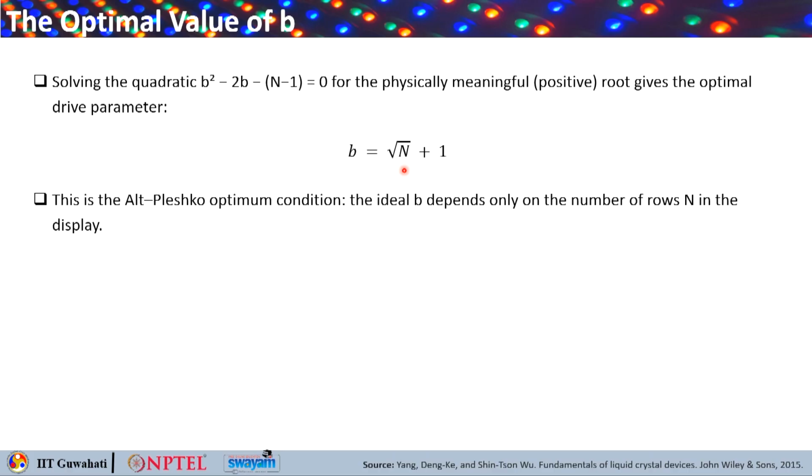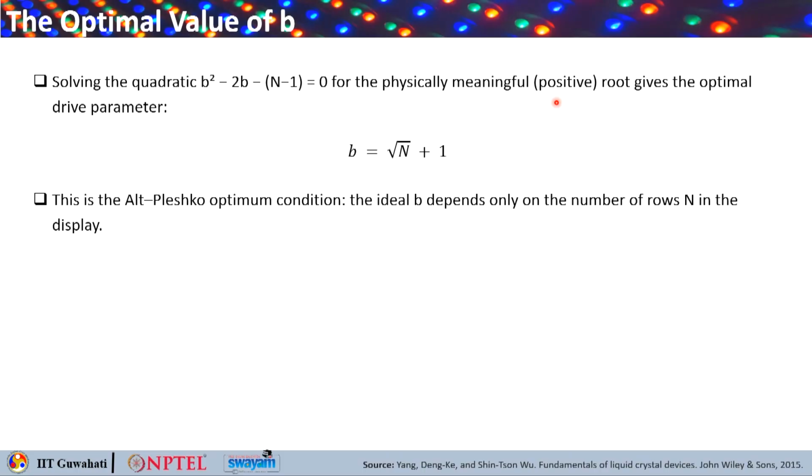You need to understand why you are only keeping this positive root. Since you want B to be a positive number greater than 2 for the drive scheme's column and row voltages to make physical sense, you have to only go for the positive root solution. Here you can see that the optimal drive parameter is simply square root of n plus 1, and this is the well known condition, and it only depends on the number of rows in the display.